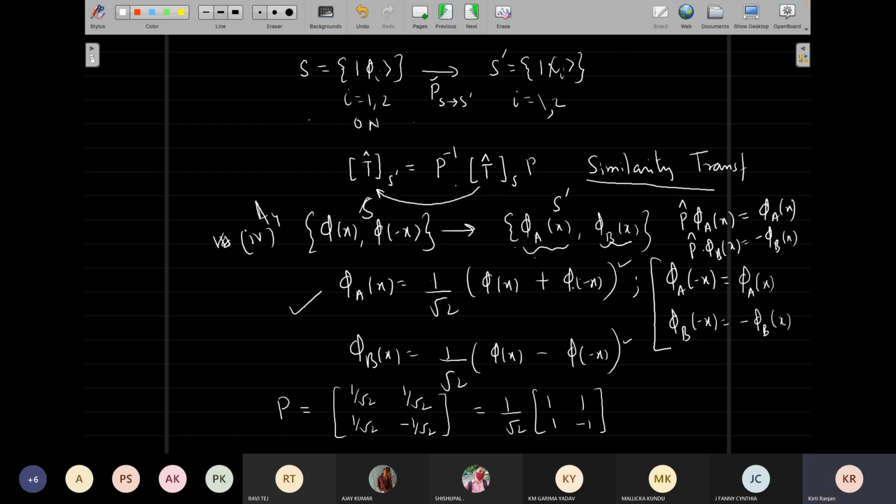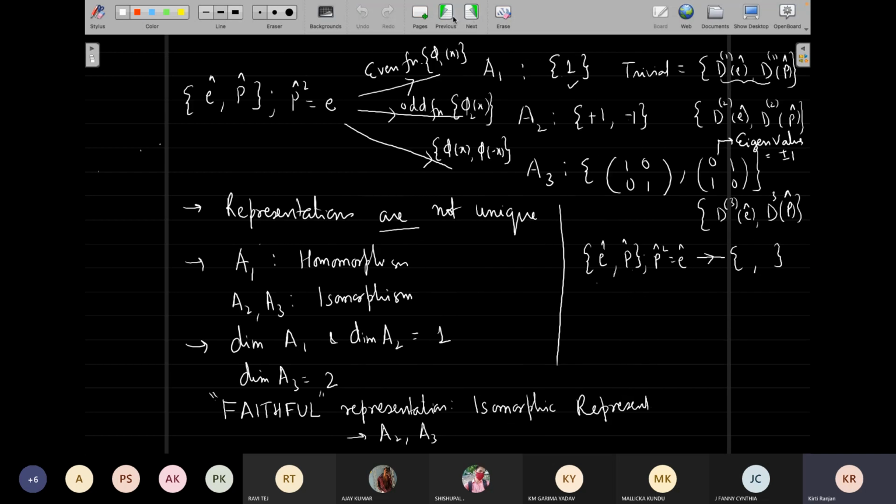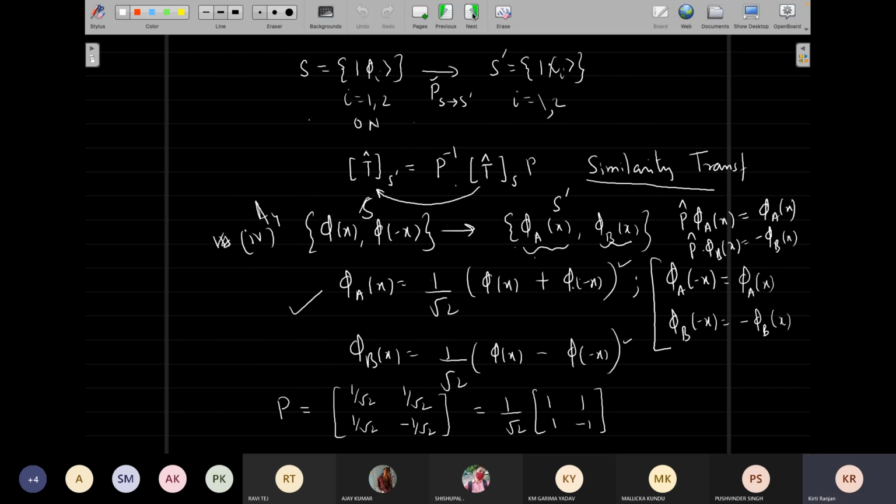I gave it to you like this, but you could have done it in a very simple manner. You would have just diagonalized this second operator, which I wrote. Had you diagonalized it right here, without even looking at what kind of space of wave functions it is, you would have got the result for A4, except that you would not have known what kind of wave functions we are talking about.